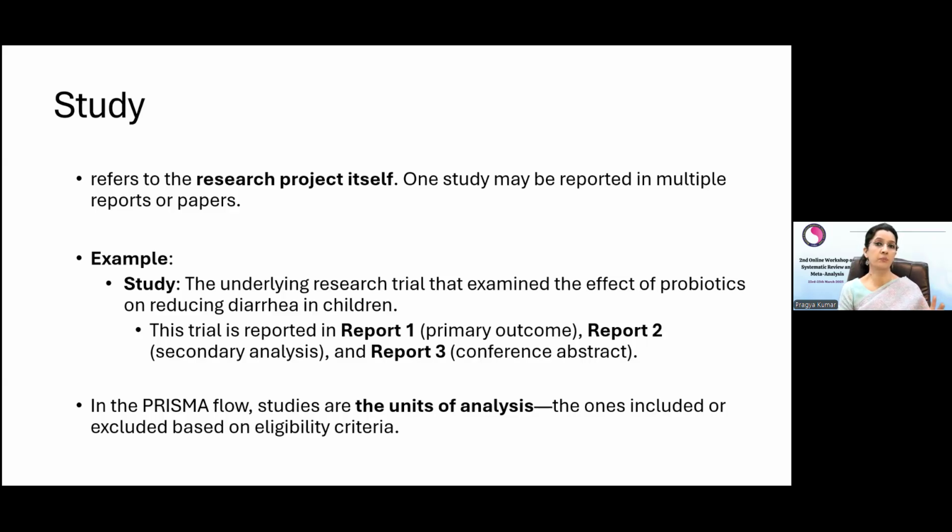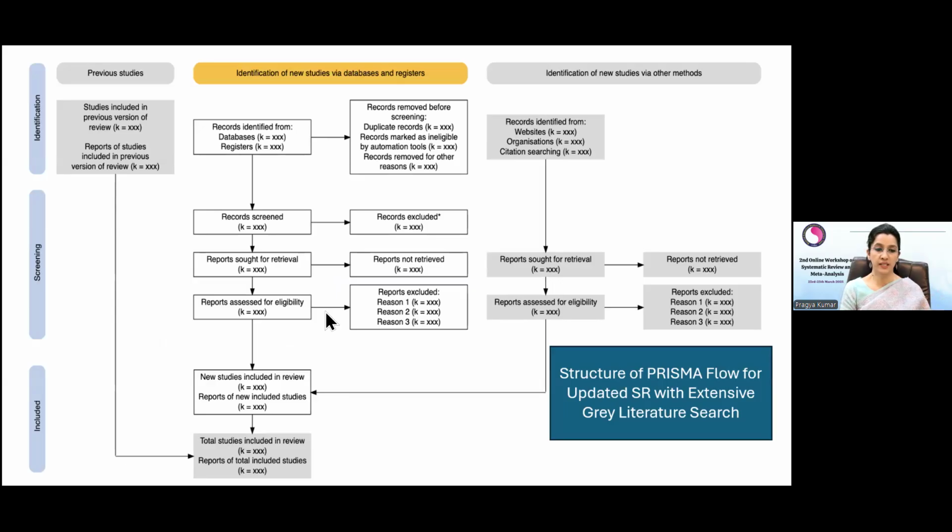It is not the report, it is not the record, it is the study. So you need to mention both of these. In this case, if you see, this is again the PRISMA. So here, if you see, till here it writes reports. When you are doing the title abstract screening, and you have done the eligibility. So after deduplication, see, till here it writes records.